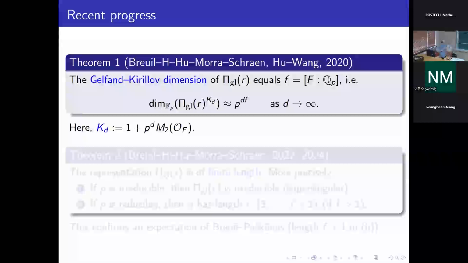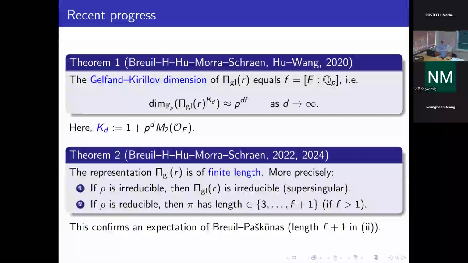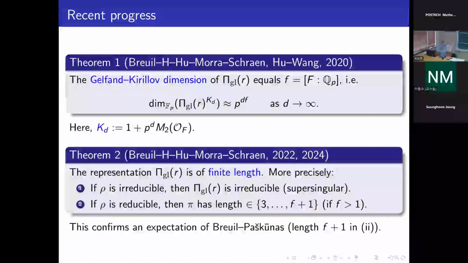So when I take smaller and smaller congruence subgroups, the space of invariants becomes bigger and bigger. They are all finite dimensional, and the growth rate is governed by the Gelfand-Kirillov dimension. It's easy to get a lower bound that was known before, and then we established an upper bound and got the answer that was expected before us.